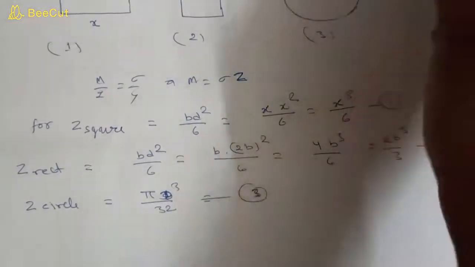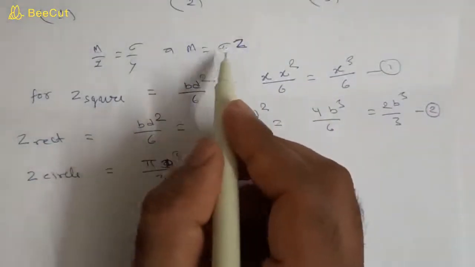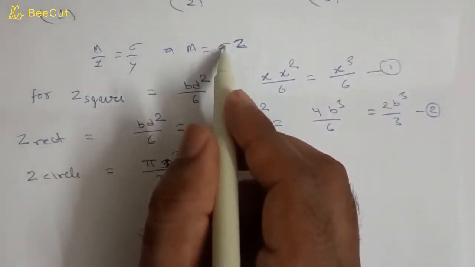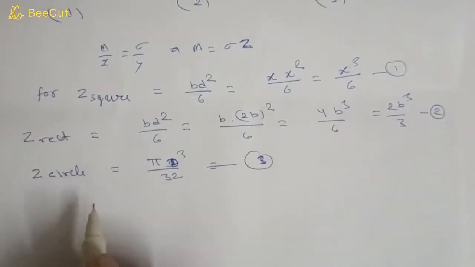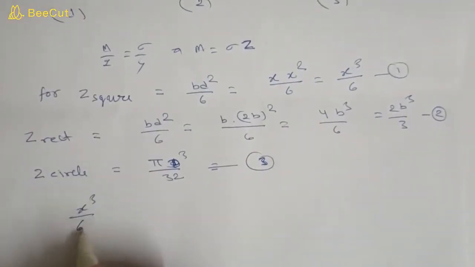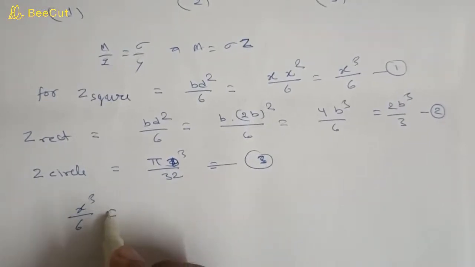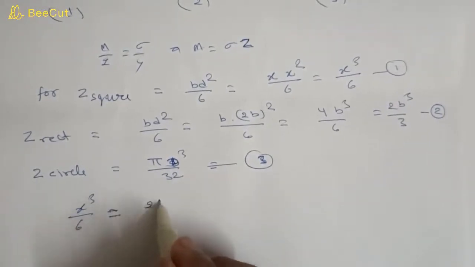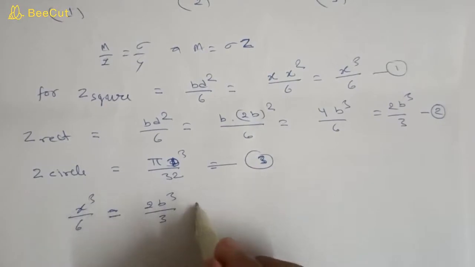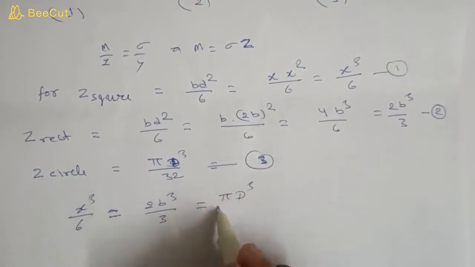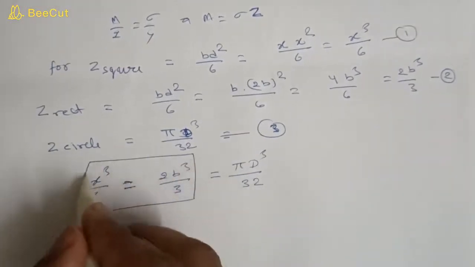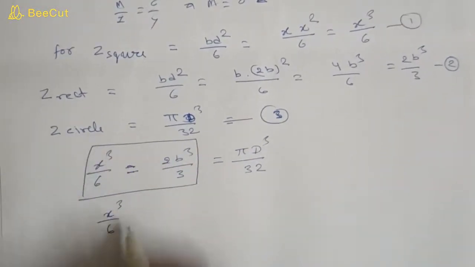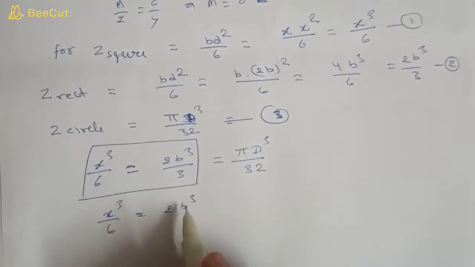Now we know that bending moment and bending stresses are the same, so Z will also be the same for these cross sections. Let's equate this: x cube by 6 is equal to 2b cube divided by 3 is equal to pi D cube divided by 32. So let's first take these two. x cube by 6 is equal to 2b cube divided by 3.